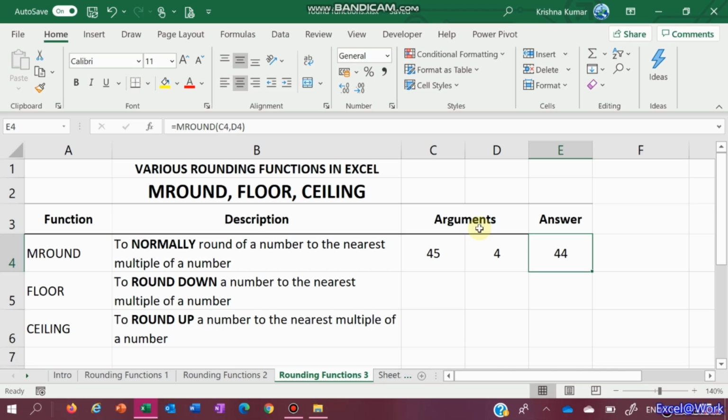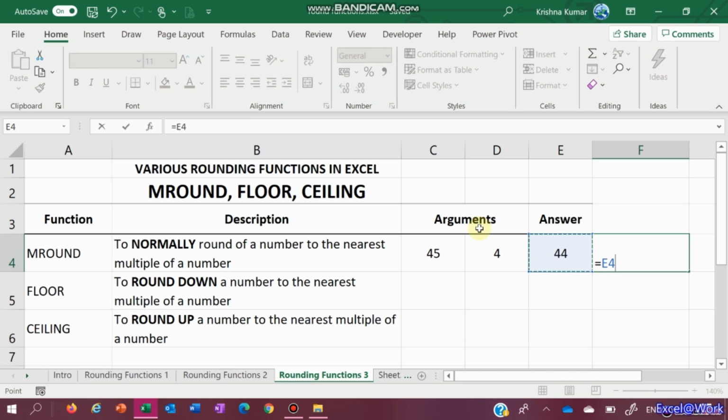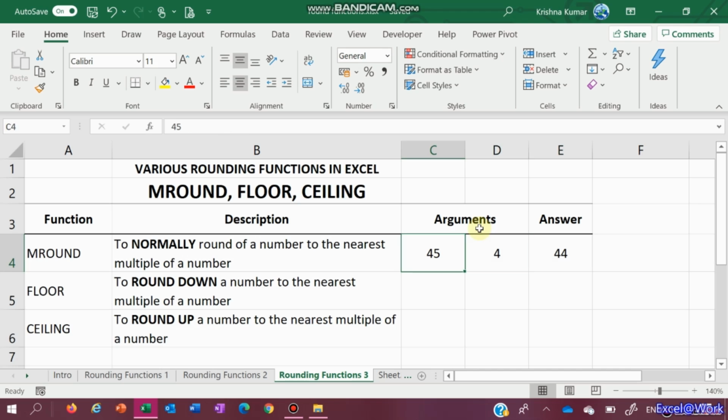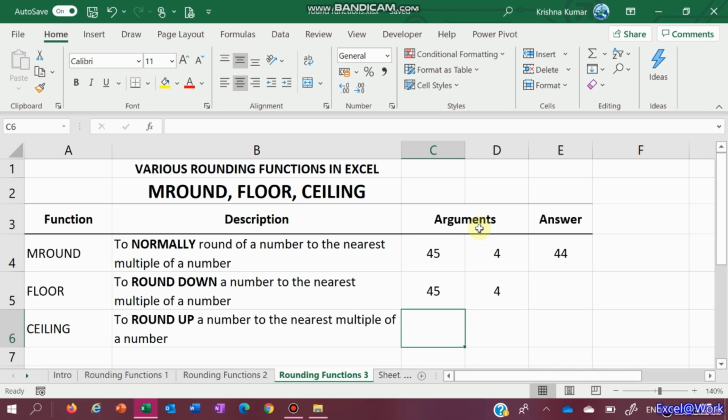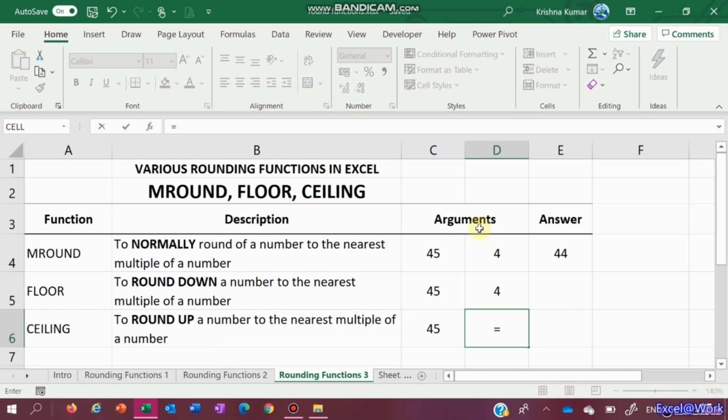The nearest multiple of 4, which is nearer to 45, is 44. So you can have 11 groups of 4, number 45. The same like we did earlier. Let us copy this to here, copy this to here, copy this to here.